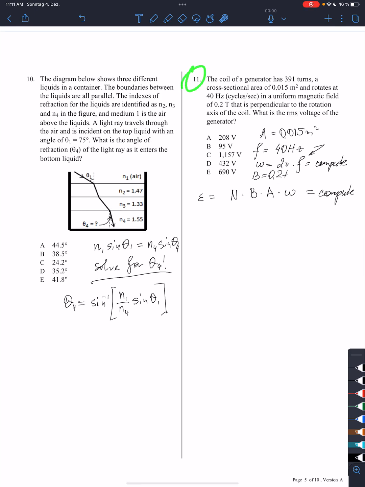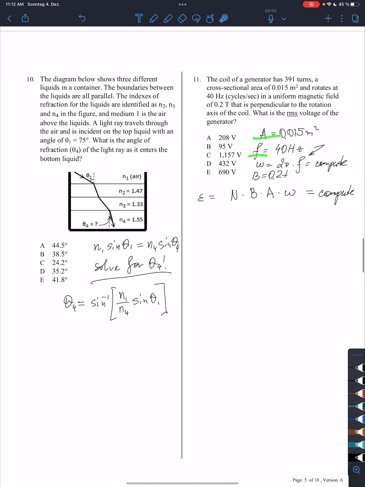Okay, number 11, the coil of a generator has that many turns, the cross-sectional area is given, and it rotates with that frequency in a uniform magnetic field. We need to find the RMS voltage. We had an equation for that, so let me first write all the knowns and unknowns.